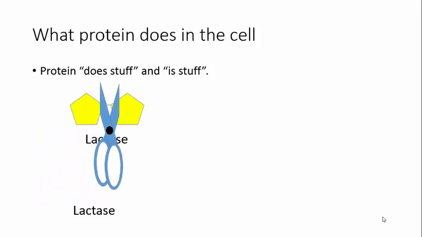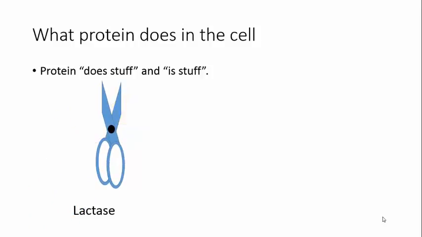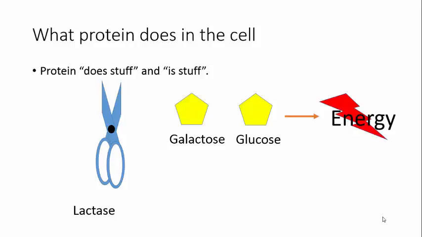And what lactase does is it snips lactose into two even more simple carbohydrates, or sugars, called galactose and glucose. And your cells use those to make energy. So if you don't have lactase, you can't snip lactose into galactose and glucose, and you are considered lactose intolerant.